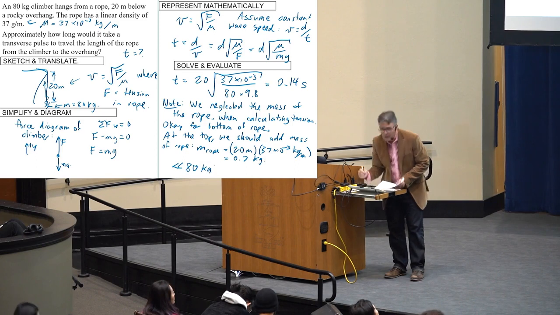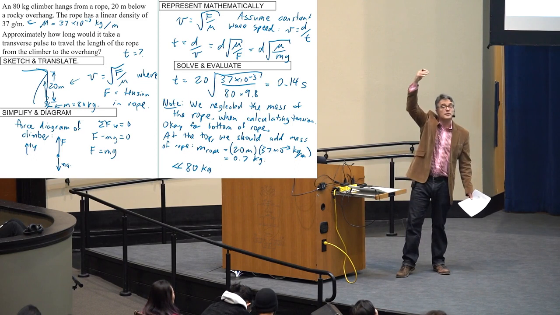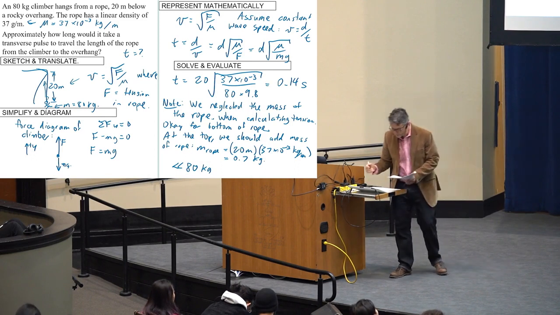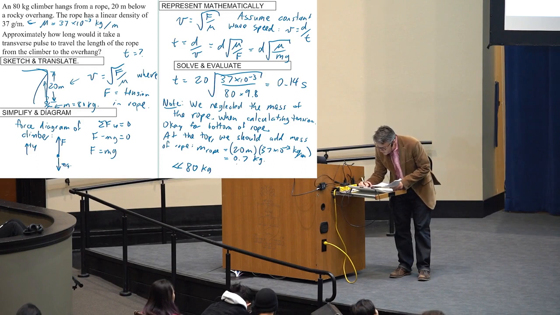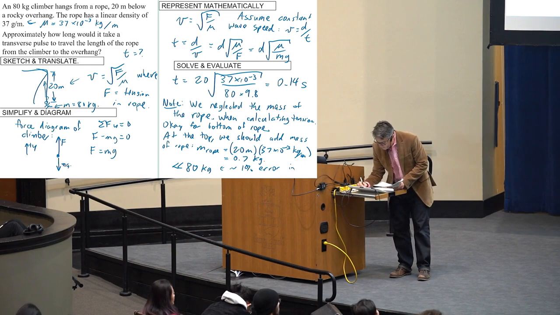So 80 kilograms is what's being suspended at the bottom of the rope, and 80.7 kilograms is what's being suspended at the top of the rope. So maybe there's like a 1% error or something like that in neglecting rope mass.